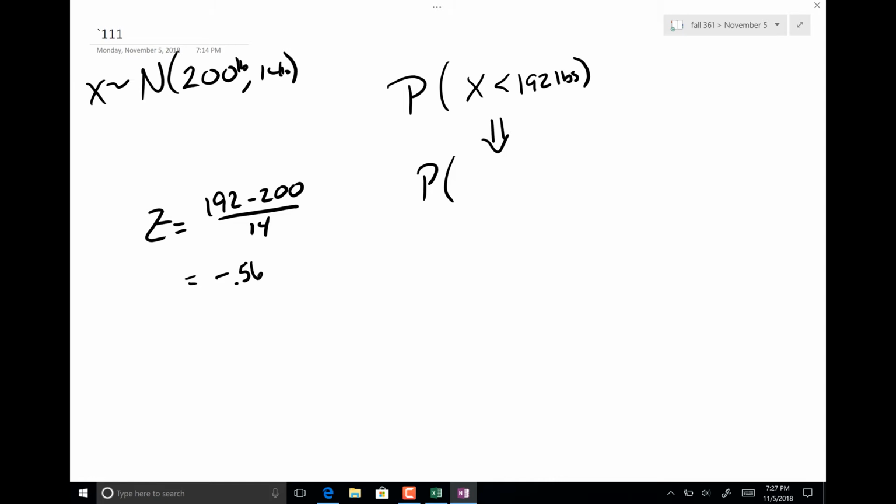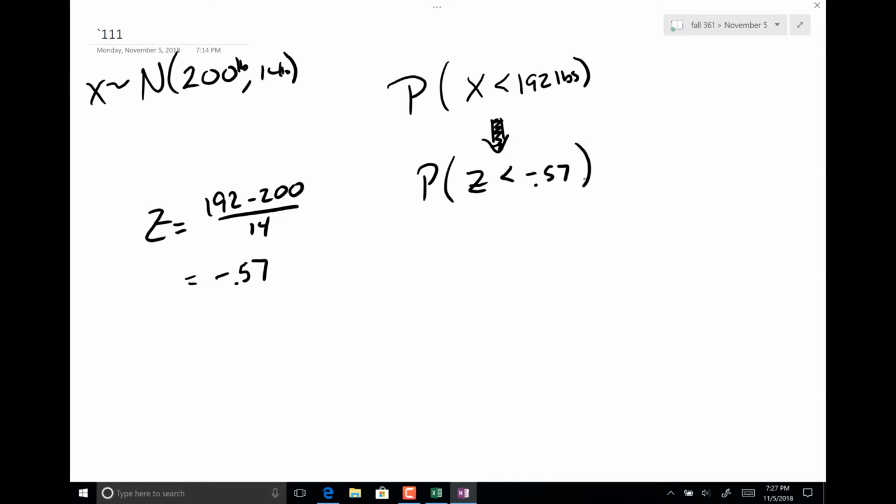So the probability X is less than 192 is equivalent to Z being less than negative 0.57.